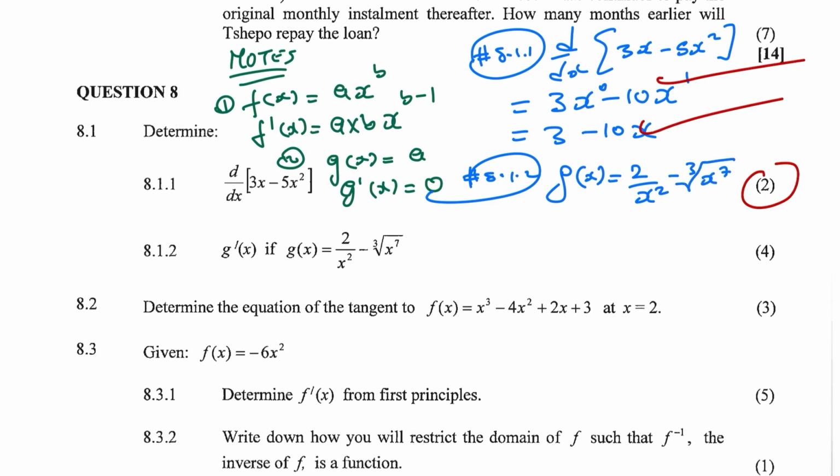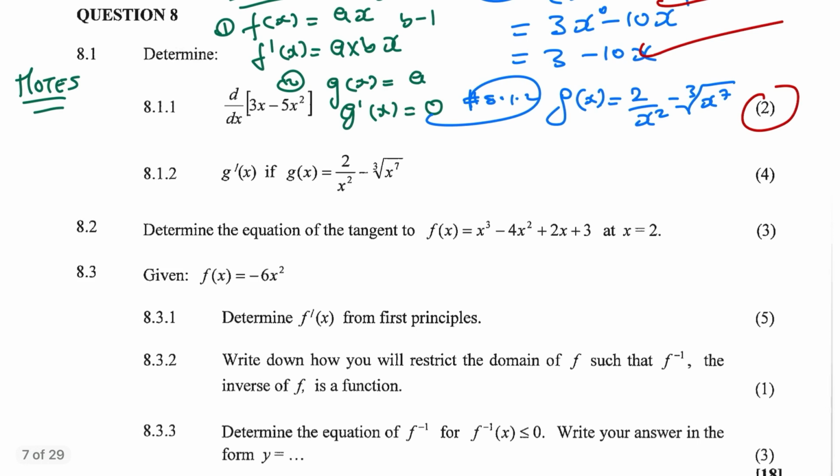So I feel like I need to give you some notes. Let me give you some notes. If you have 1 over x power a, this can be written as x power minus a. That's rule number 1. Rule number 2, if you have a over x power b, this can be written as x power b over a.